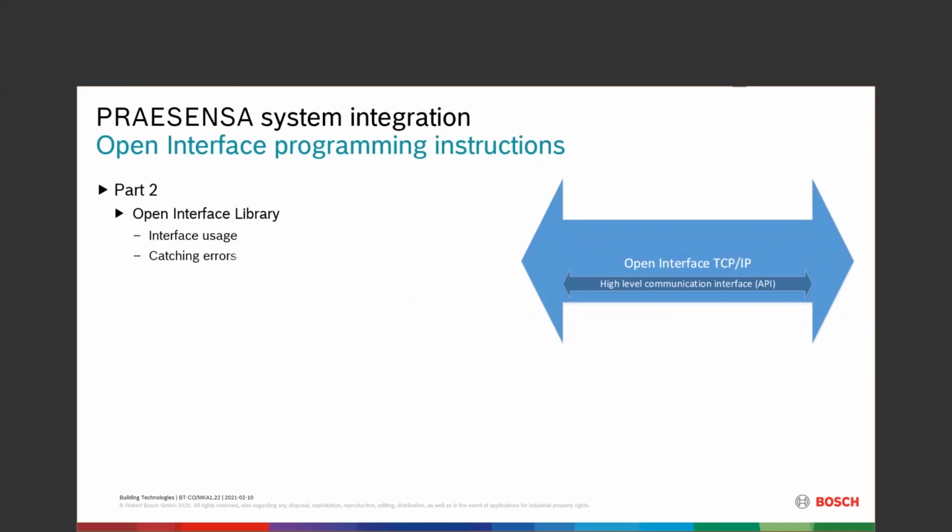So that's how this open interface library should be used and how to catch errors. This is the Visual Studio open interface library. Methods and event explanations are in there, and the enumeration and type definitions.